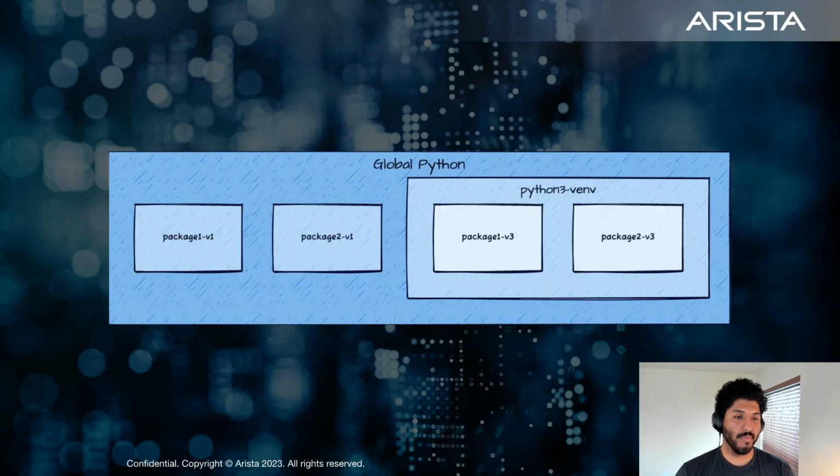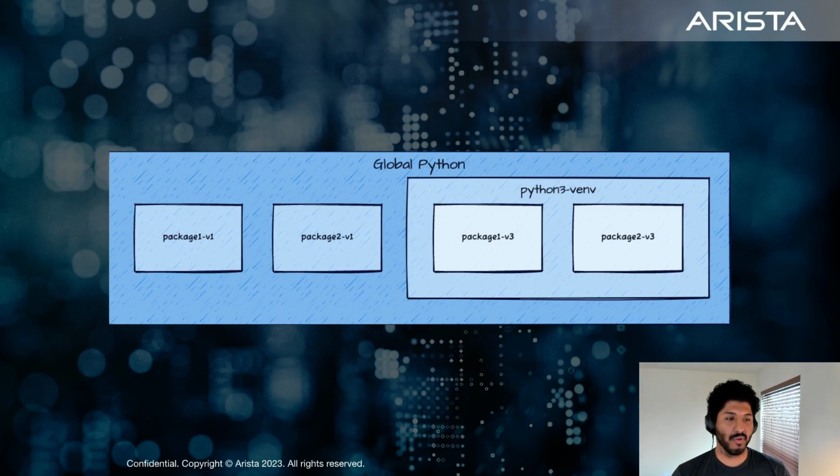If you look at this diagram here, we have a simple representation of our Python install in our OS, right? We have package 1 v1, package 2 v1, and these could come pre-installed with your OS because they could rely on this for certain tasks. Now, we wouldn't want to install packages globally that could impact the global Python installation.